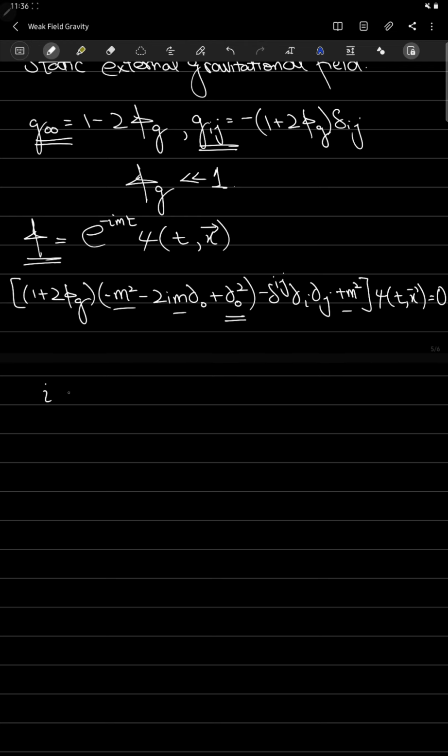i partial 0 on psi is equal to minus del squared over 2m plus m phi_g on your field psi, right?